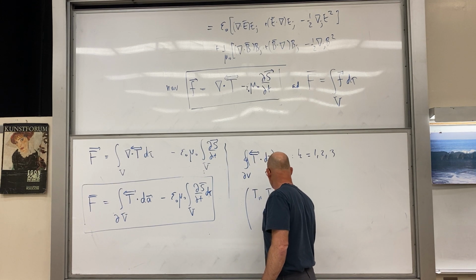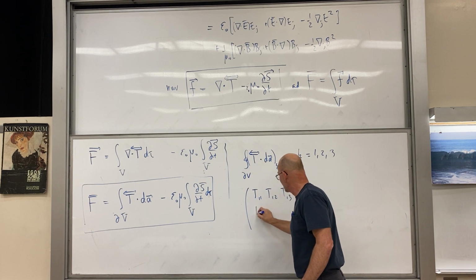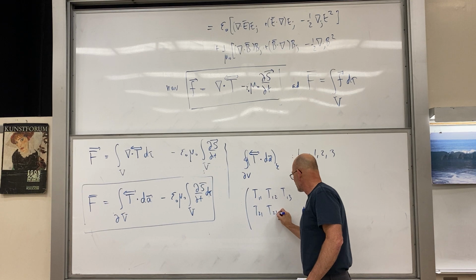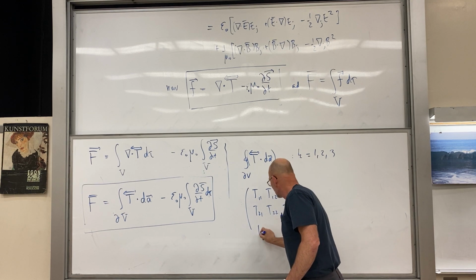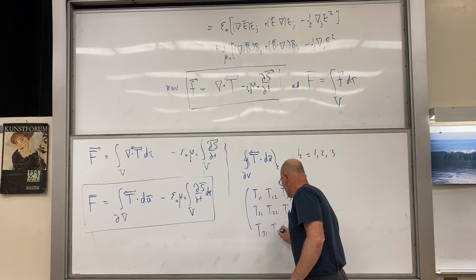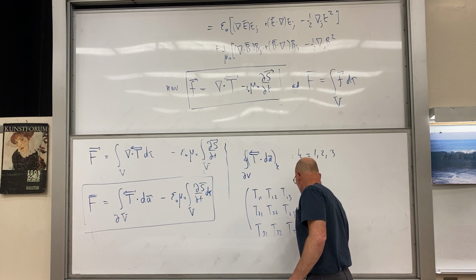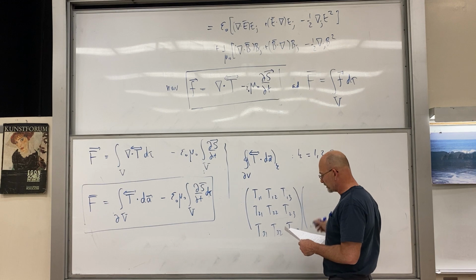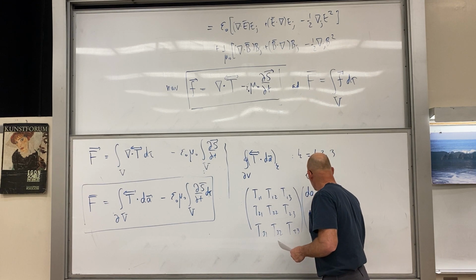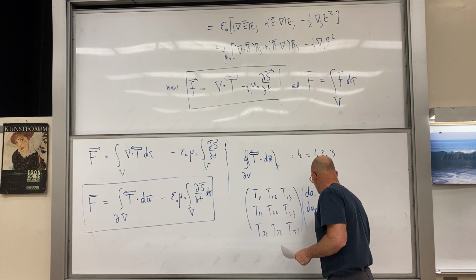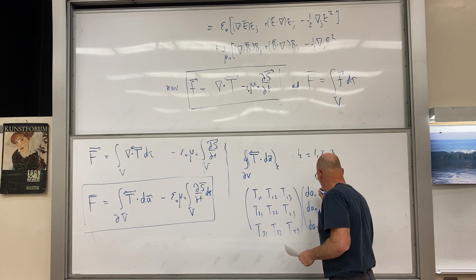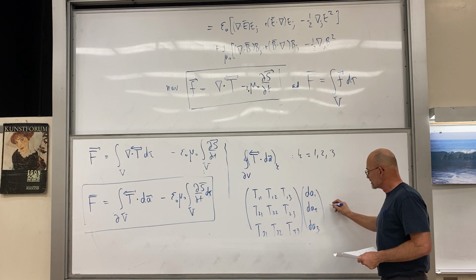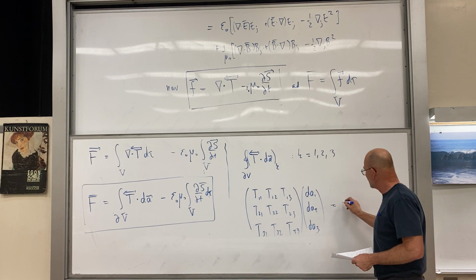T11, T12, T13, T21, T22, T23, T31, T32, T33, and the dA sub 1, 2, and 3 as well. So yeah, we're in Cartesian coordinates right now. So again, it's row times column.